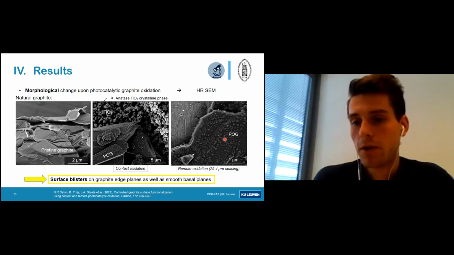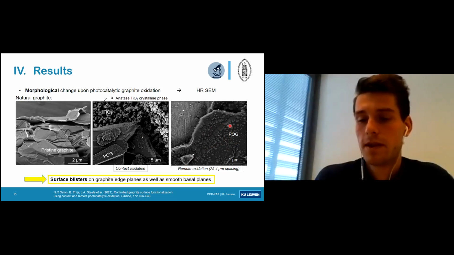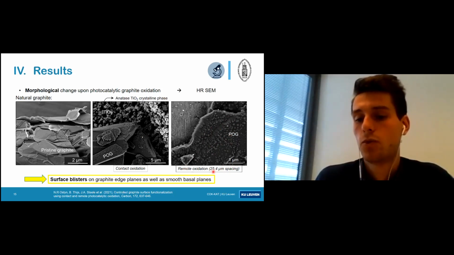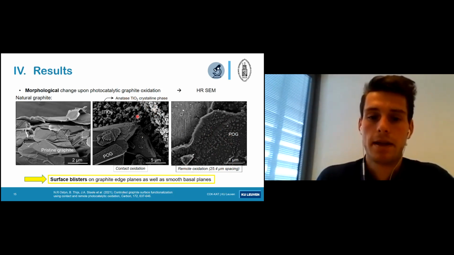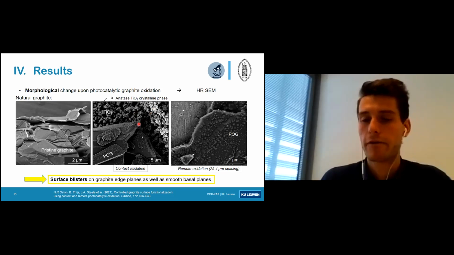It creates a more reproducible, uniform oxidation. As you can see in this image, the spacing we used is only 25 micrometers, and the photocatalyst is anatase, in contact with our graphite material.